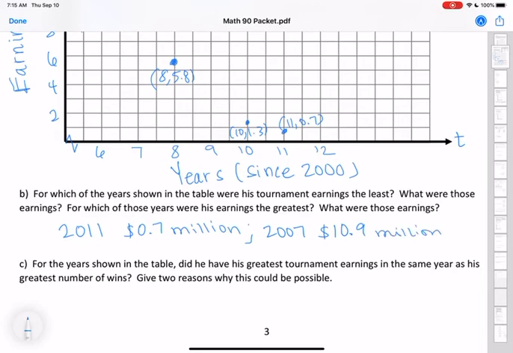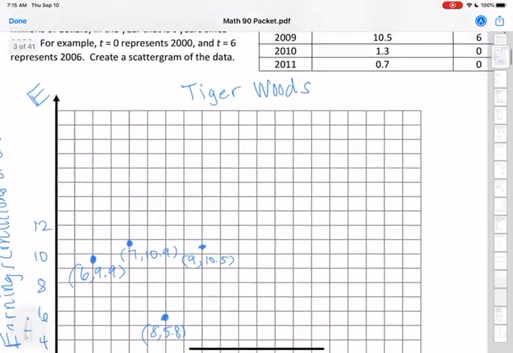For part C, it says, for the year shown in the table, did he have his greatest tournament earnings in the same year as his greatest number of wins? Give 2 reasons why this is possible. So before we worry about the reasons, let's go look and see, did he have the greatest tournament earnings the same year as his greatest number of wins? So let's go look.